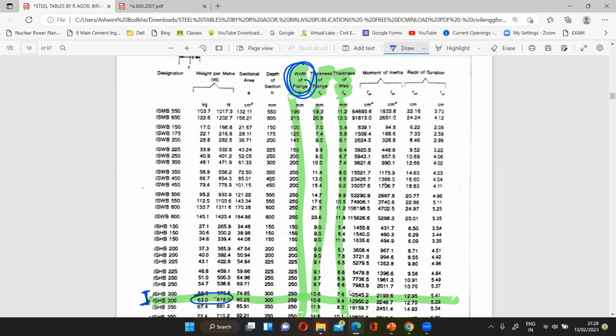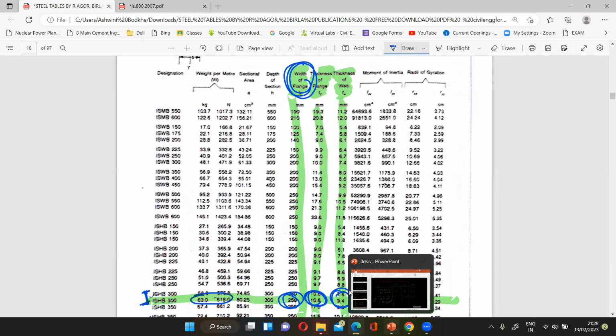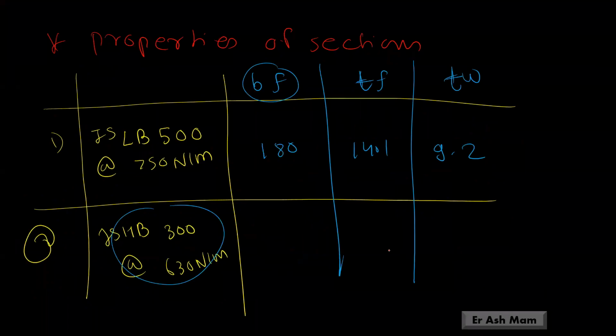Width of flange for ISHB 300 is 250, thickness of flange is 10.6 and thickness of web is 9.4. These are properties of sections. With the help of steel table, we can check properties of sections for different sections.